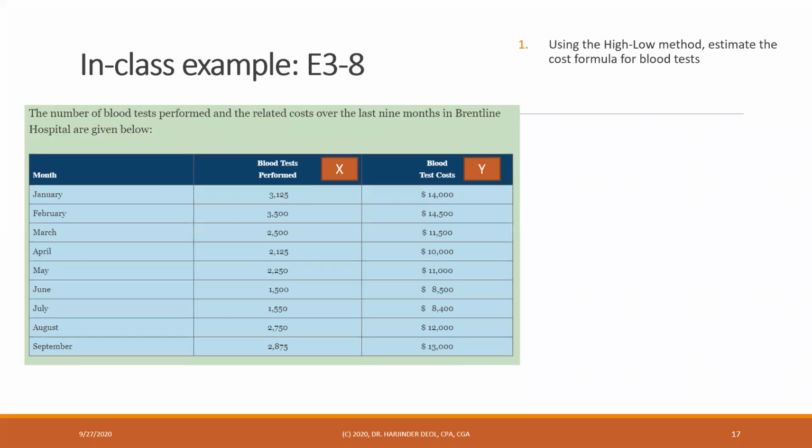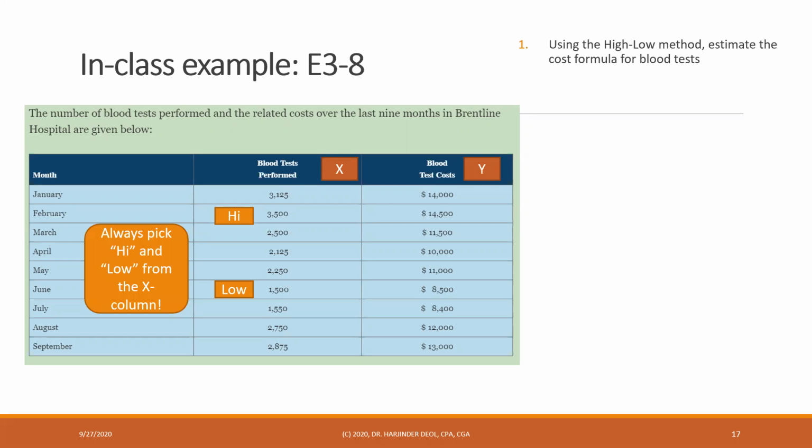Now we will pick the high and the low activity point. So in February, our highest was 3,500 blood tests that cost us $14,500, and our lowest activity was in the month of June, where we did 1,500 blood tests that cost us $8,500.